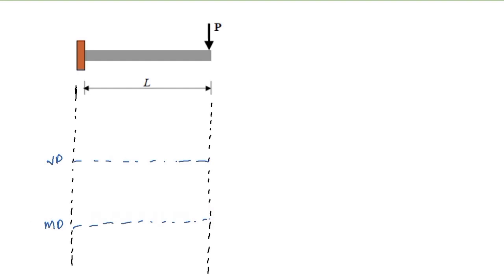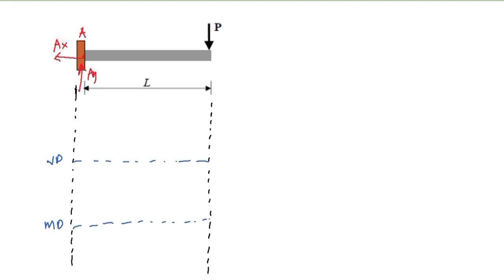Okay, so the first thing we will do here is determine what reactions we have. As you can see, we have the cantilever beam. Since it is a cantilever beam, we expect reactions at this point, which we name point A. At point A we have three reactions because it is a fixed support. We have AY, the vertical reaction, and AX, the horizontal reaction.